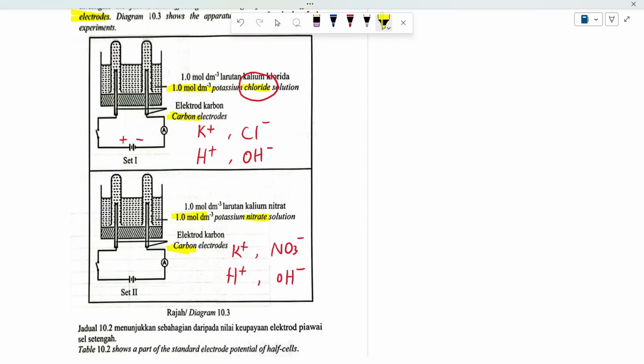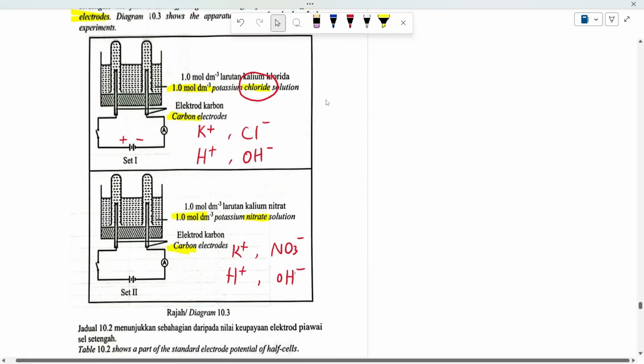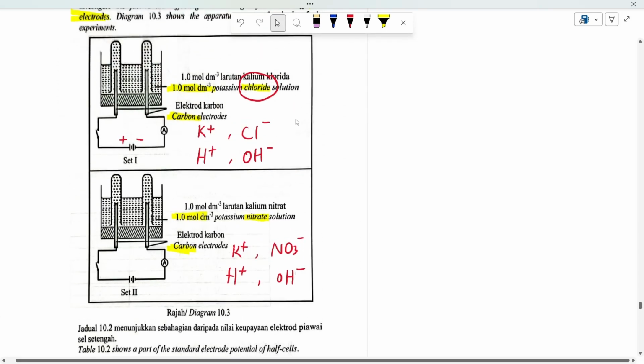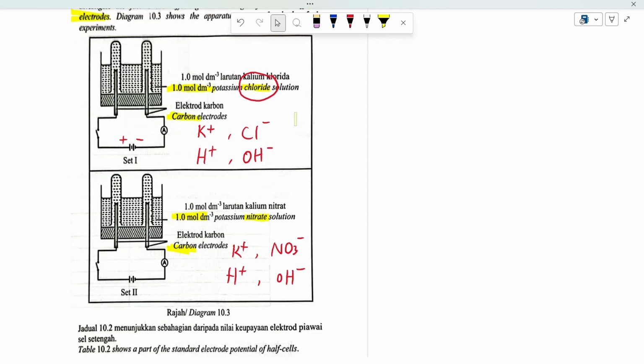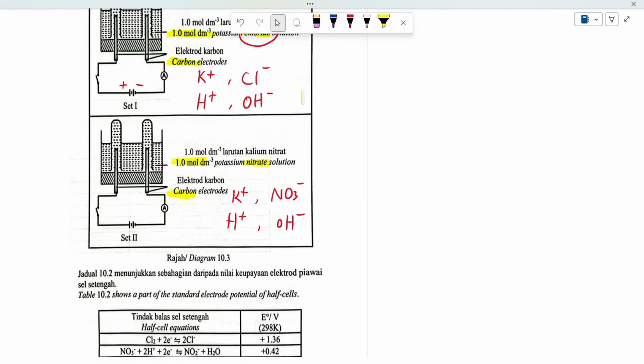Based on the anode and cathode, for potassium and hydrogen, which one will be selectively discharged? We look into the E0 value. At the cathode, potassium? Sure? Which one will be selectively discharged, potassium or hydrogen?